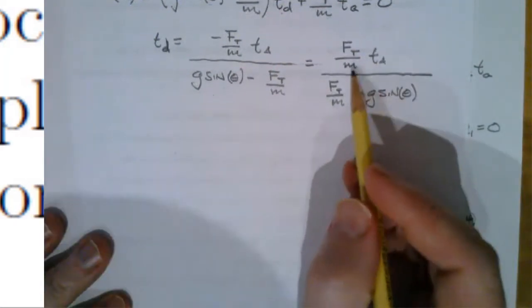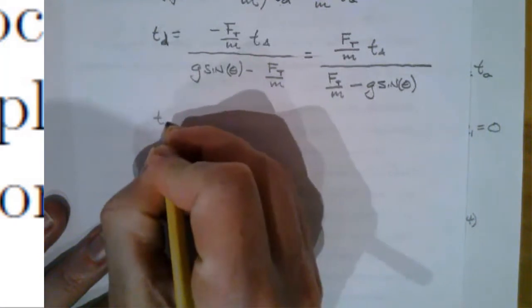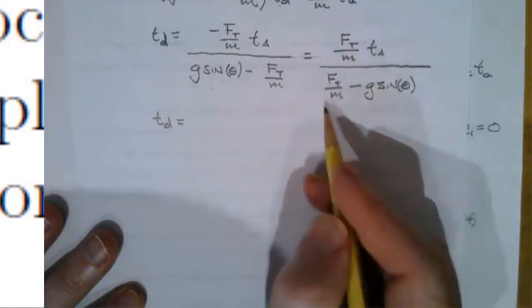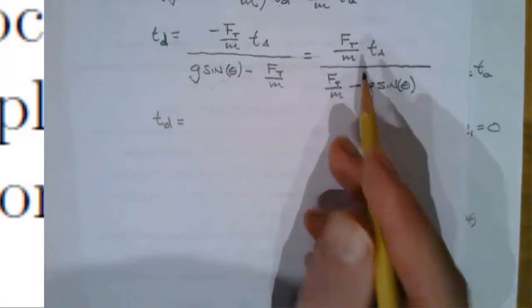Another thing I don't like is that there's an M on both sides. Again, this is just cosmetic on my part. I don't like having a fraction within the fraction, so notice I can get rid of it.